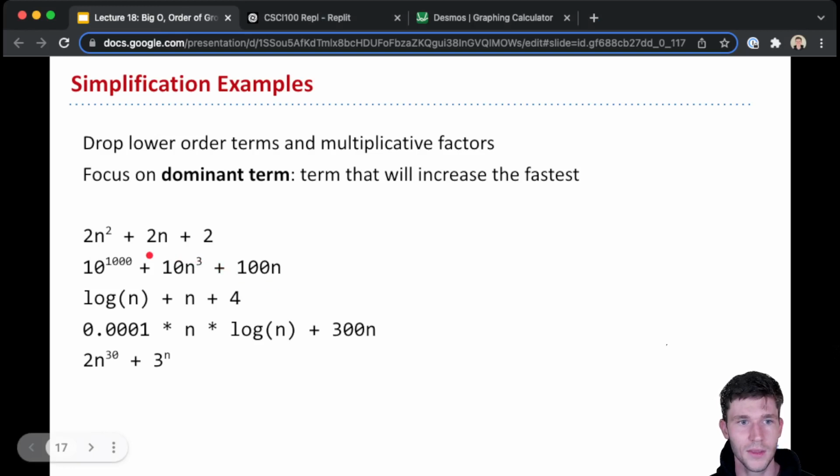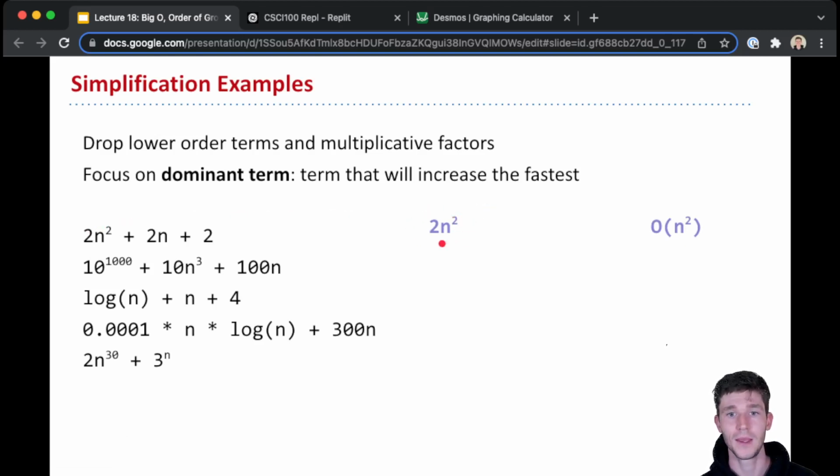Well, our highest order term is n squared. And we know that because n squared is a higher order term than n, and n is a higher order term than a constant. So we are only going to keep the highest order term here, just 2n squared. And then we drop the multiplicative factor of 2 to get big O of n squared.